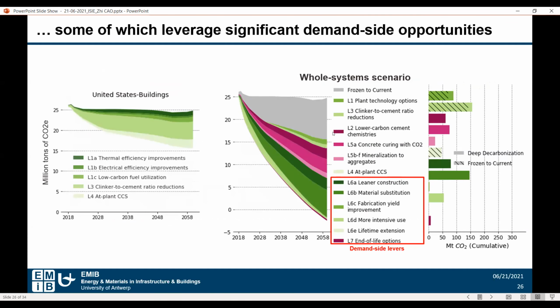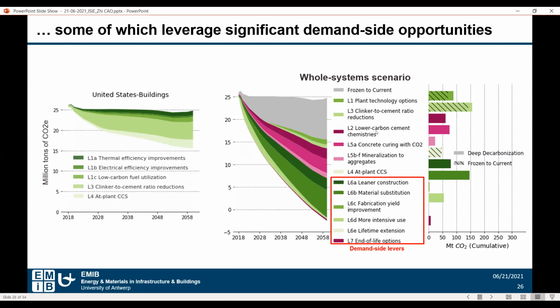First of all, I would like to clarify what lower carbon cement chemistries are. Basically the most widely used cement is Portland cement, ordinary Portland cement. And actually there are a wide range of cement chemistries or cement formulas that have lower energy requirements and CO2 emissions.